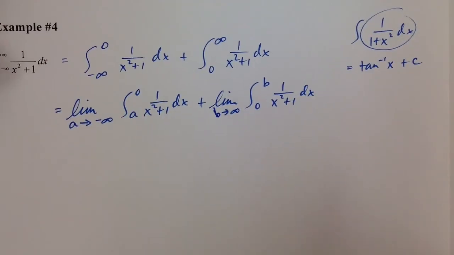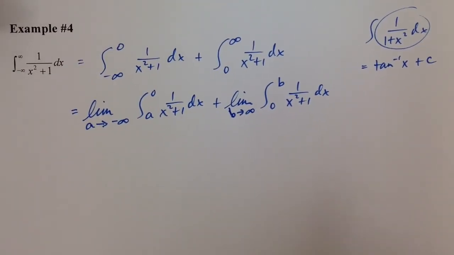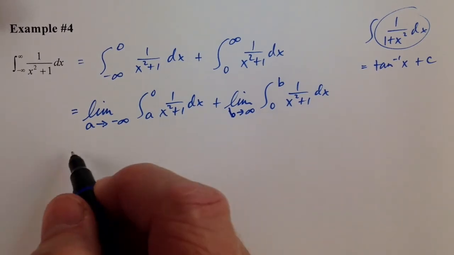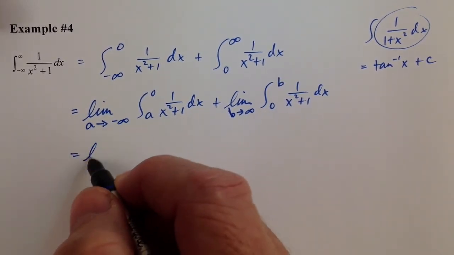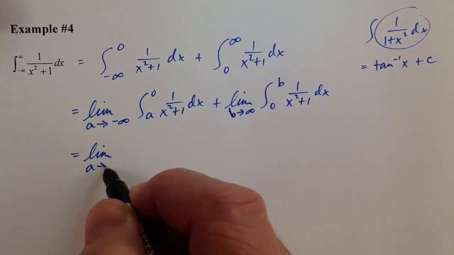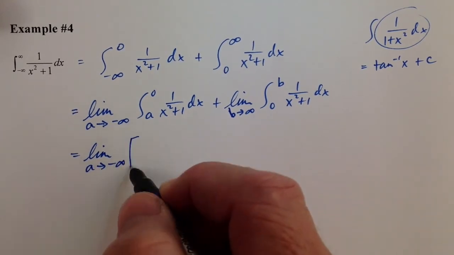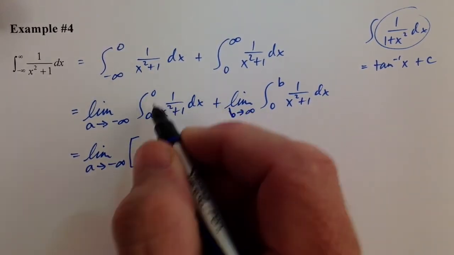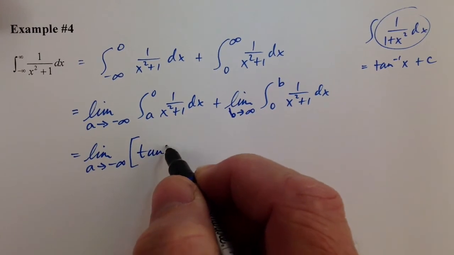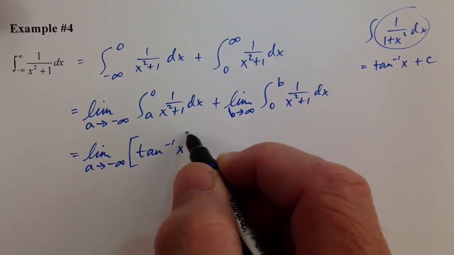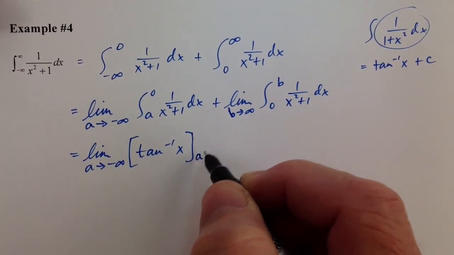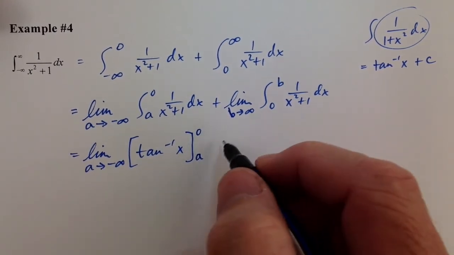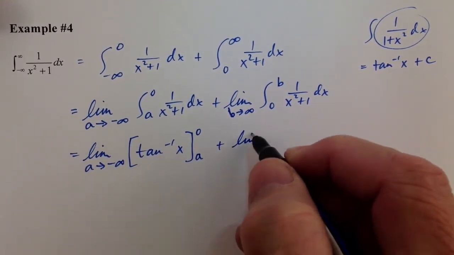This is why I wanted you to know what the shape of the graph of inverse tangent looks like. So this is finally where we get to see this. Since we do have a formula here, we can just replace this integral with inverse tangent of x, and we're going to evaluate that from a to 0, and we're going to add to that, again, the limit.